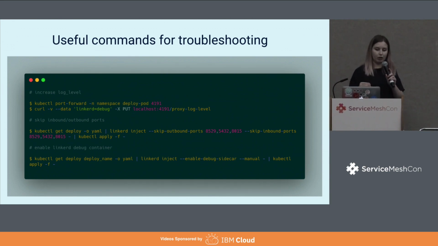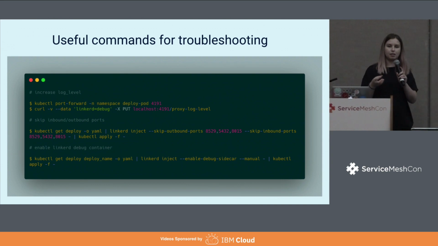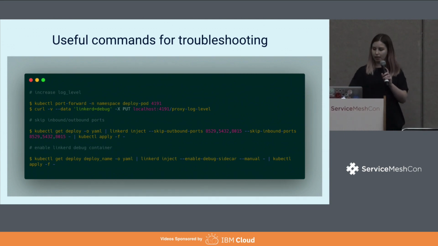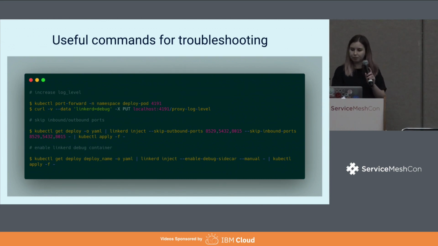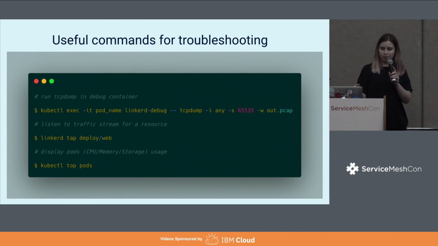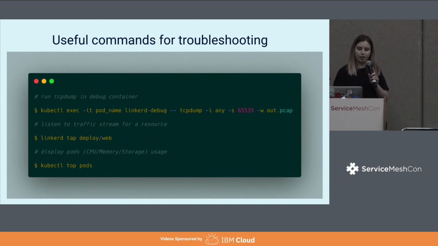Enabling the Linkerd debug container was really useful. There's an option to add an additional sidecar container to your application. And that debug container gives you the ability to run tcpdump, tshark, and more. You want to run tcpdump if you need to analyze the raw packets. So you have the command here.